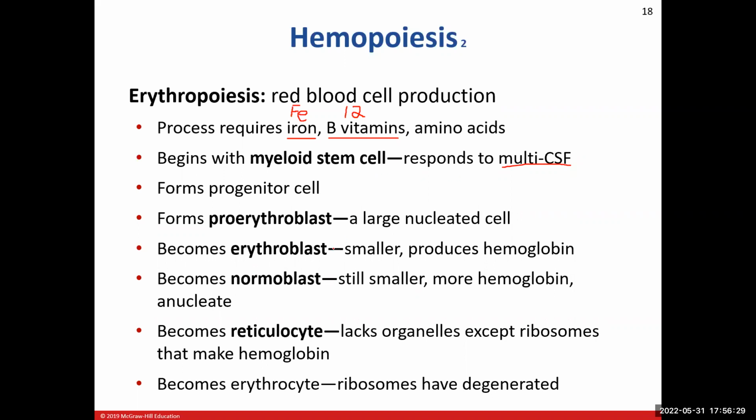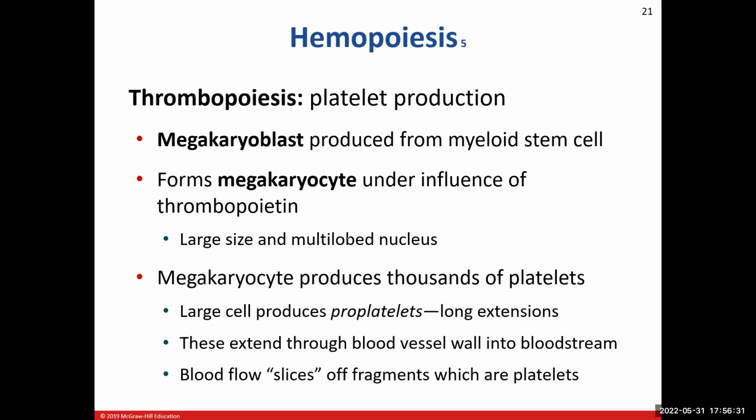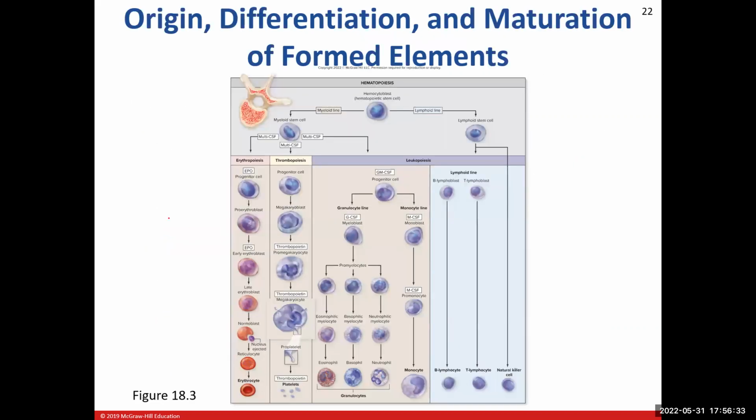As you go through, I'm not going to walk through all of these, but I definitely just want to show you, you can see, we're going to start to march our way through these various stages of red blood cell production. So you'll notice we have a nucleus here and a nucleus here. When we get all the way to the bottom, our red blood cell does not have a nucleus.